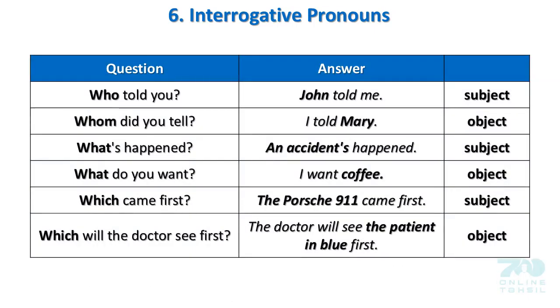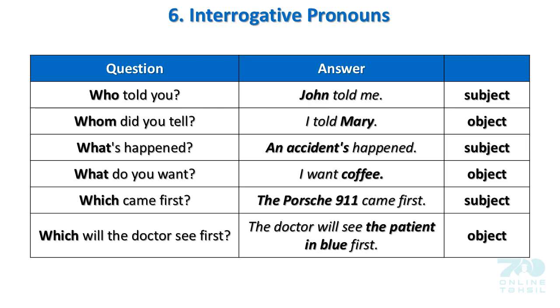Look at these examples, questions. In the sample answers, the noun phrase that the interrogative pronoun represents is shown in bold. Question. Who told you? Answer. John told me. Subject. Question.